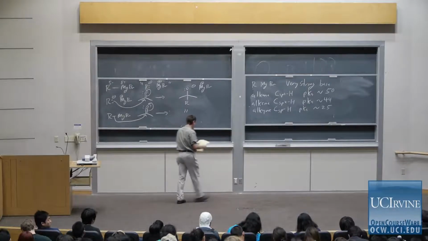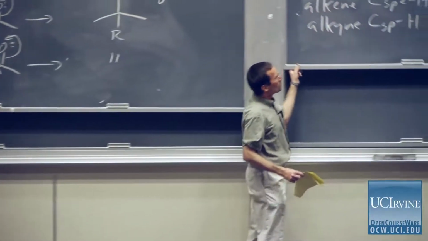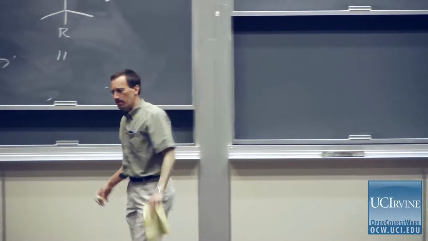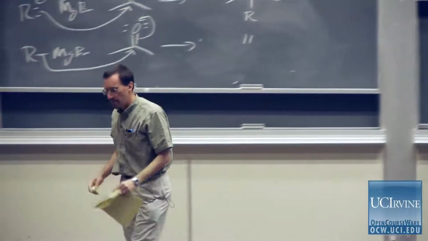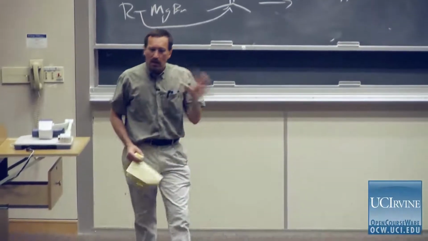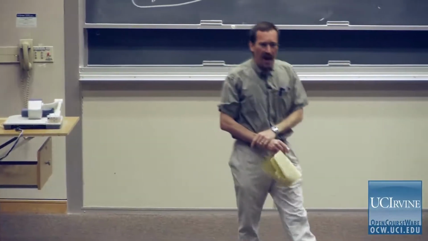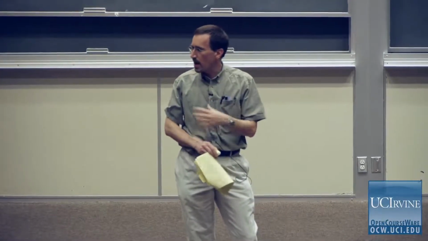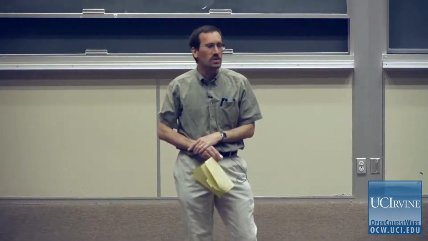And yet our pKa is about 25. And I'll show you an implication of that in just a moment when we start to talk a little more about alkynes. But the point of this comes back to what I was saying before about Grignard reagents being very reactive toward water.